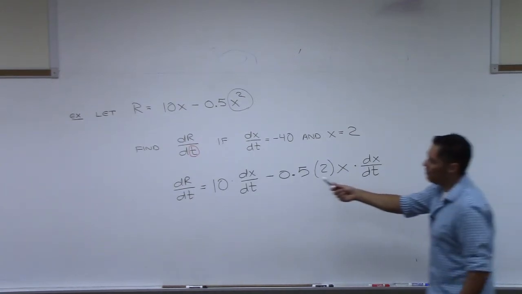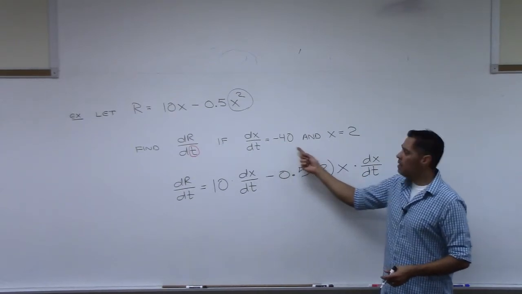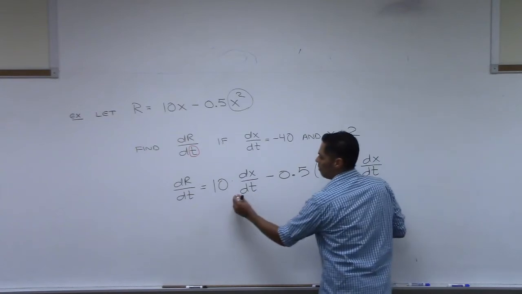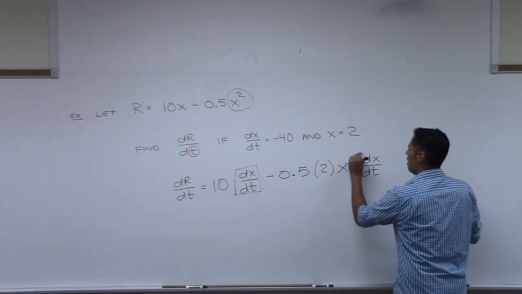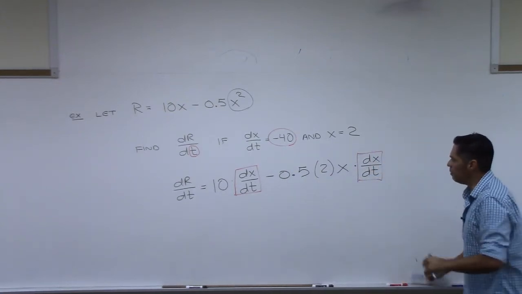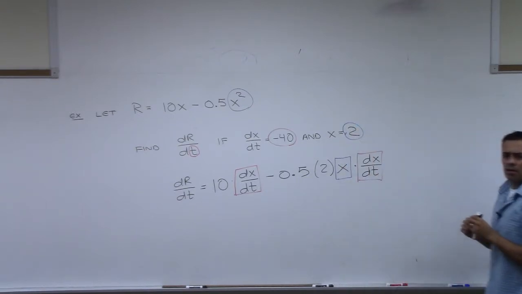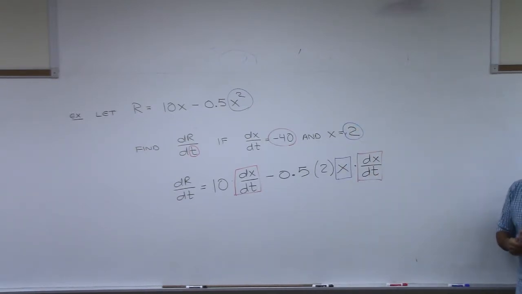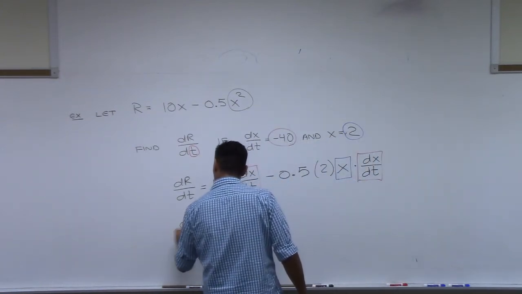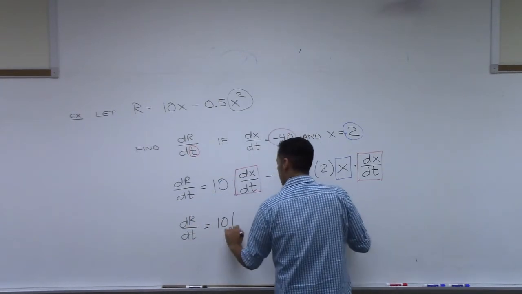Okay, so that's what dr/dt is, right? Now, I want to know what this is if I then tell you that dx/dt is negative 40 and x is 2. Just plug them in. That means you're going to replace this and this with negative 40, and you're going to replace this with 2, and you're going to get an actual numerical answer here. dr/dt equals 10 times negative 40.